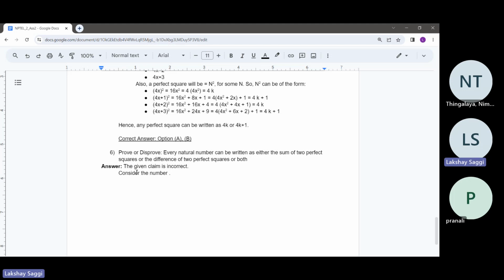So maybe let's just go through some thinking process first, right? Let's not arrive at a solution directly. Let's just try to prove this claim.